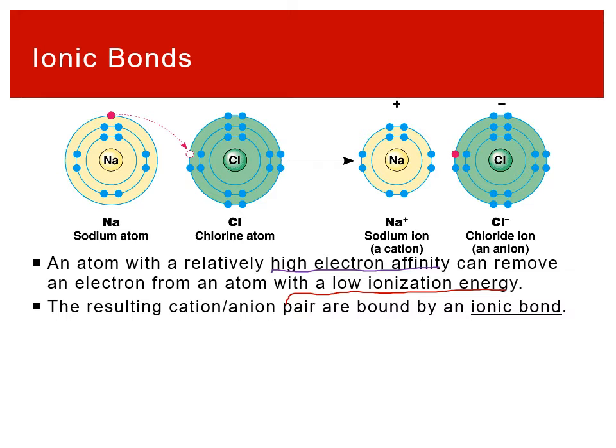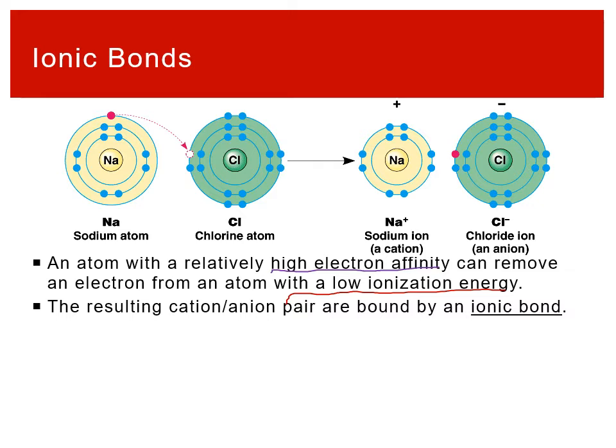A nonmetal does not form cations because they tend to have high ionization energies. There's a really big cost to doing it. And conversely, metals don't become anions because they have low electron affinity. So there's not a lot of gain for them to become an anion, so they can't take an electron off of something else. You don't get a lot of energy out of it, so there's not really much drive to take an electron from another atom.